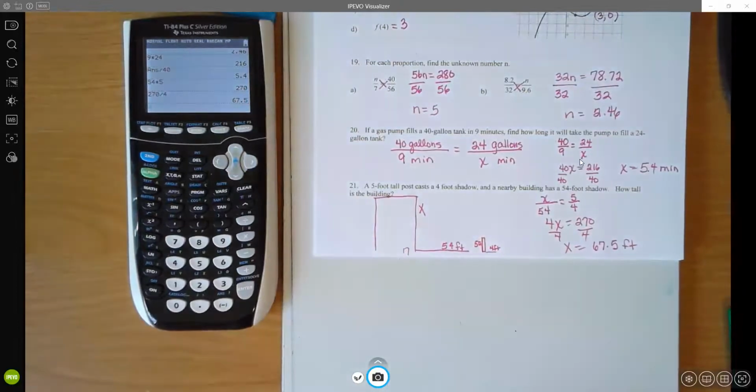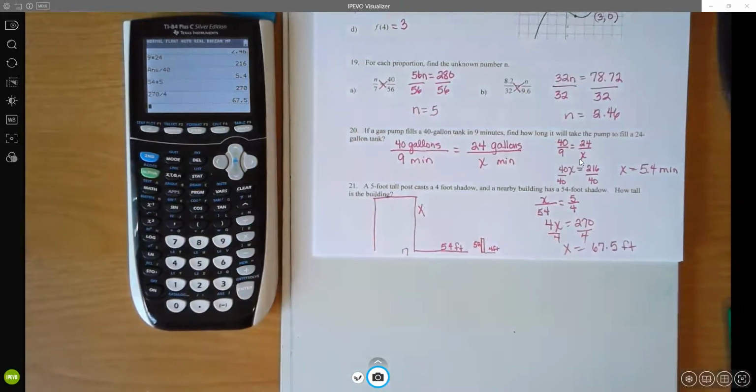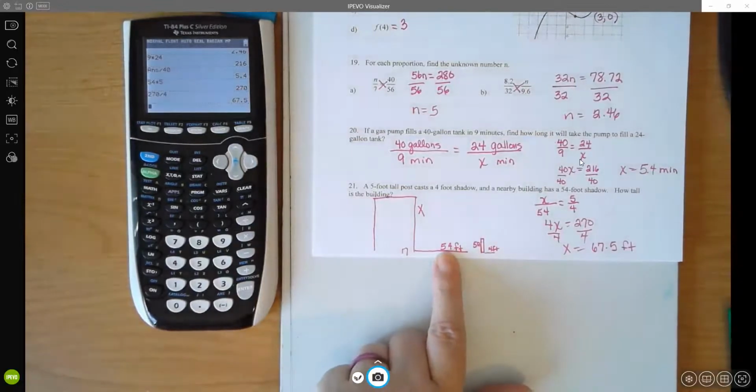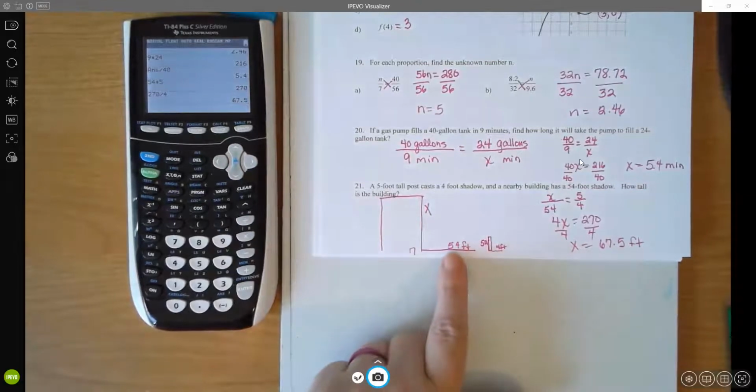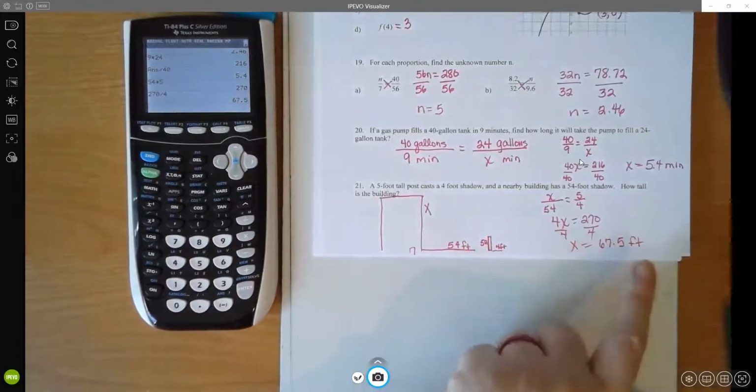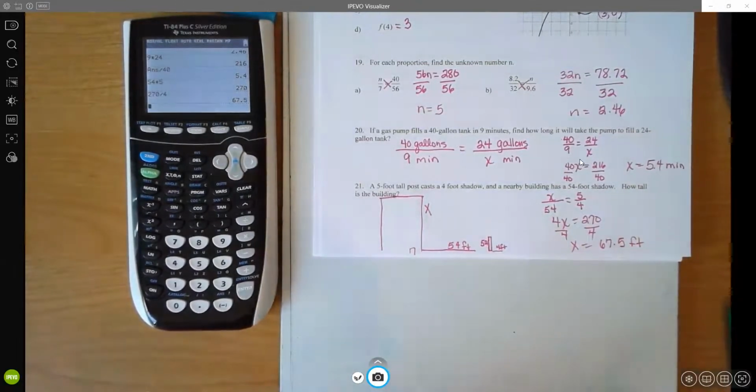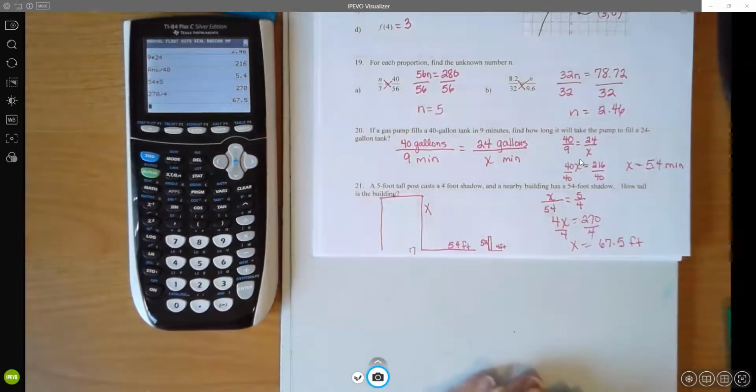So my building is 67.5 feet tall. Is that reasonable? Well, it is definitely bigger than the 54, and 5 and 4 are fairly close, and so 54 and 67 are a little bit further apart. But relatively speaking, it's probably a very reasonable answer.